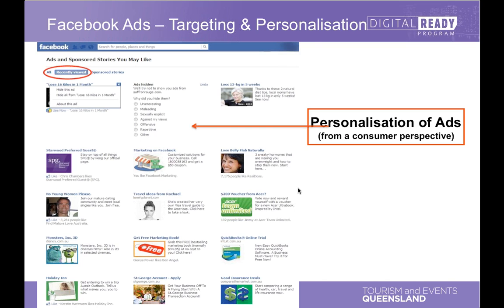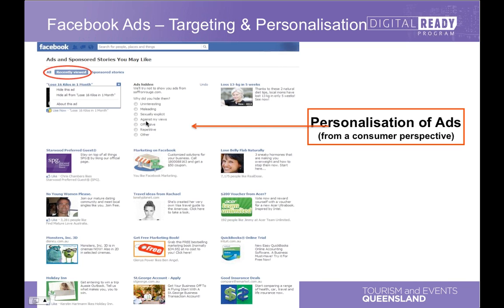Users can also let Facebook know what kind of ads they like and don't like. So if your ad appears and someone's not interested in it, they can click on a little cross on the ad and they'll get something like, why did you hide this? We'll try not to show you ads from Saffron Rouge. And the user can say it's uninteresting, it's misleading, it's against my views, I don't want it.